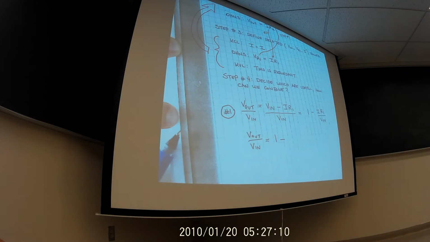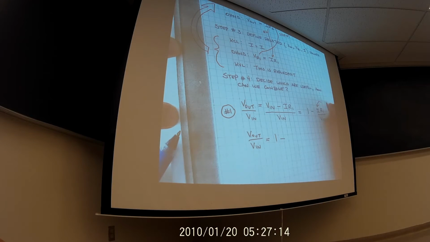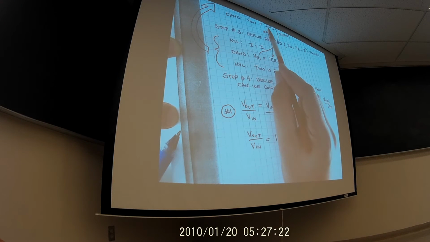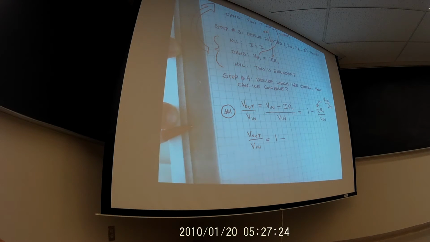We have to switch this around a little bit, right? We have to switch this to essentially V out over R2, because I is equal to V out over R2. And so what that'll leave us with is V out over V in, R1 over R2, both of those multiplied together.